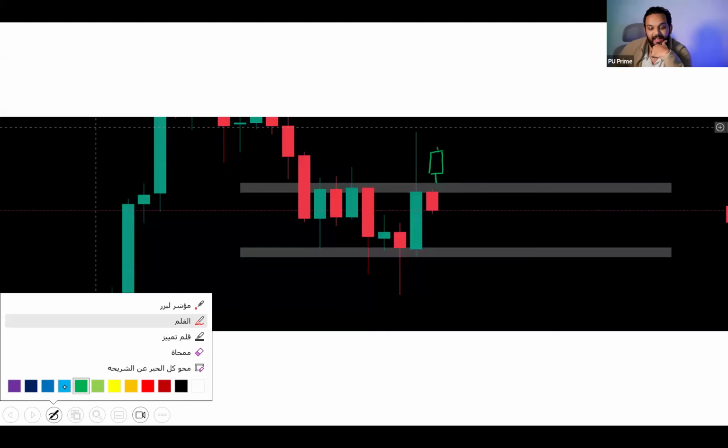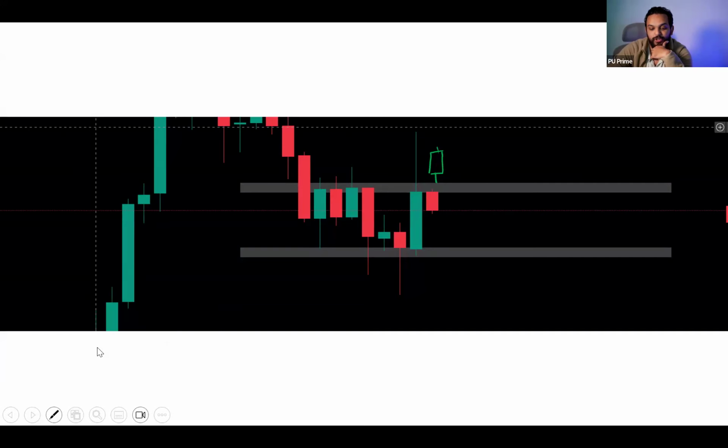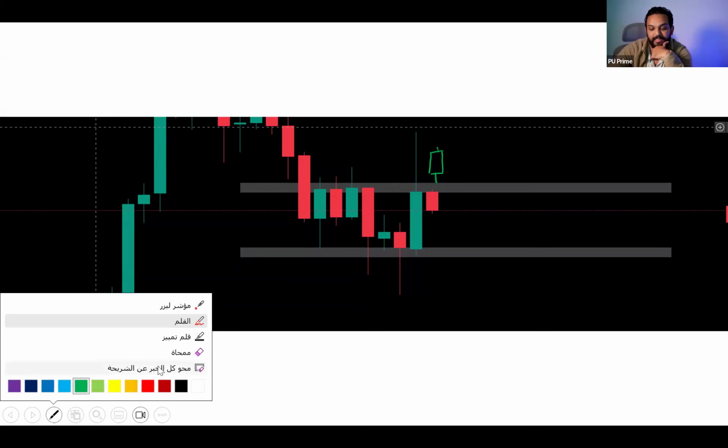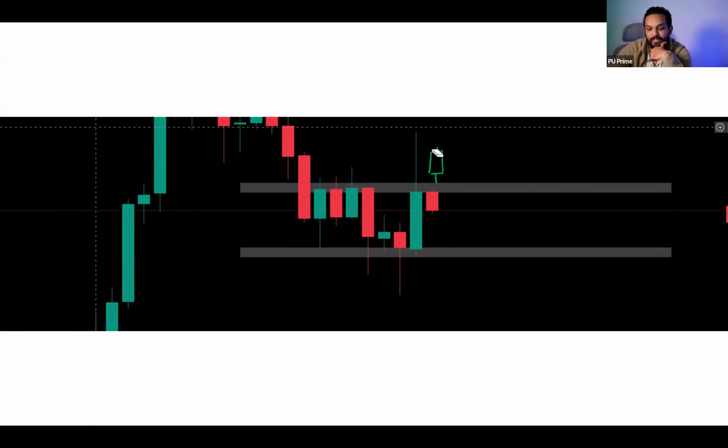Now, if I saw this candle, but this candle actually has closed without a wick. Guys, let's assume that now I saw a candle like this, and it actually broke the resistance level, but this candle was a bullish candle and closed without a wick.